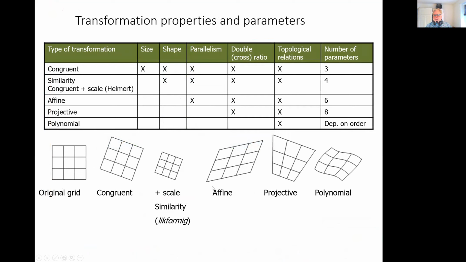Affine will then produce a parallelism, and a projective one may be able to transform the raster image in this way, and a polynomial one will then be able to apply an ordered polynomial equation. Normally we don't go higher than third order polynomials, but it's possible, of course, to do more, to higher polynomials.